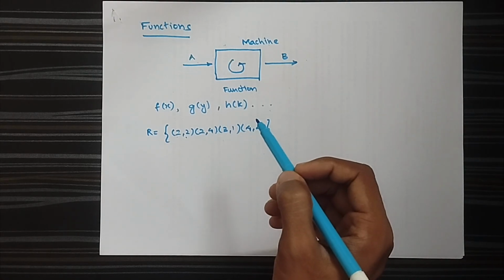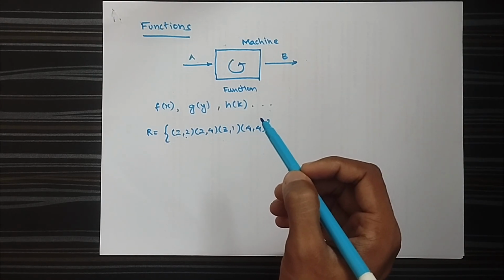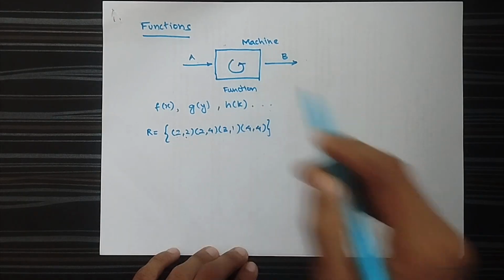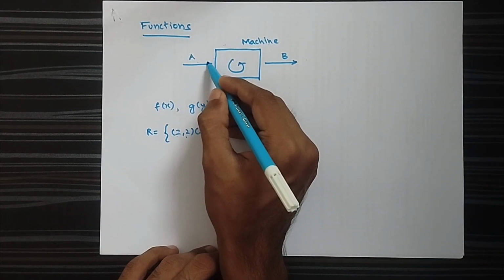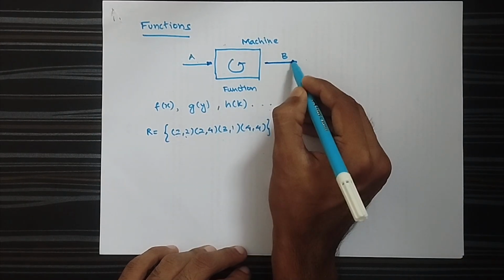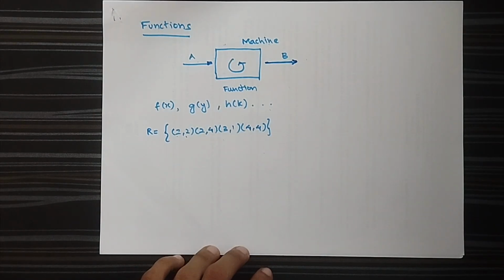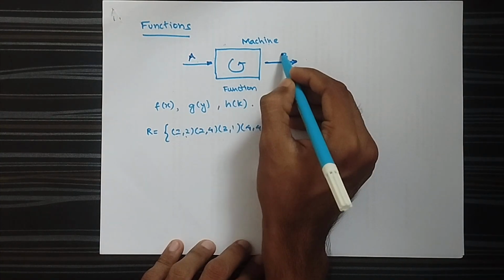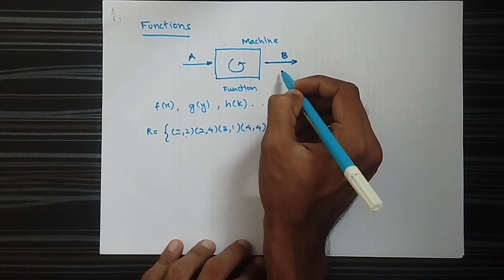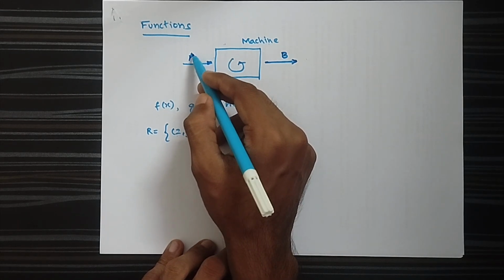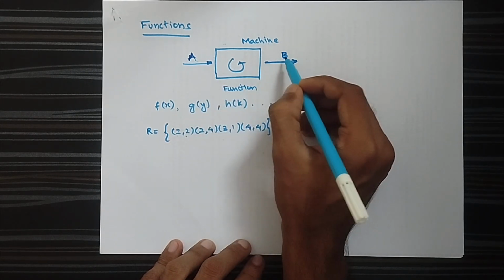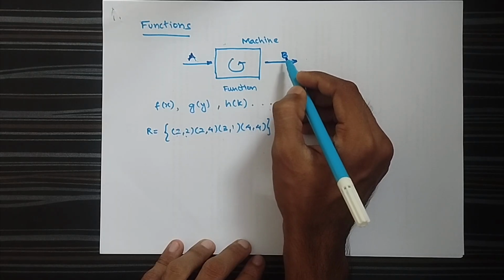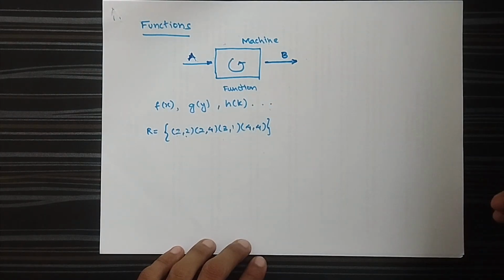So you can think of this like, for example, if this machine was a washing machine, this takes in dirty clothes and gives out clean clothes. Now for example, if the machine corrupts and if we give in dirty clothes and it gives out clean clothes the first time, but the second time when we put in dirty clothes, it gives out even more dirtier clothes. So why is that?